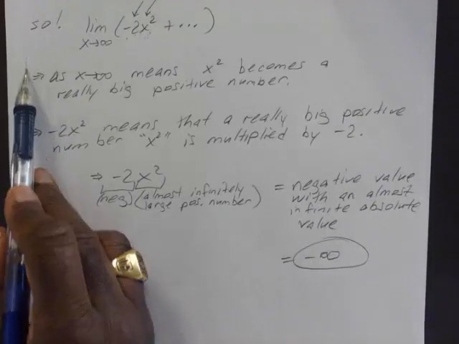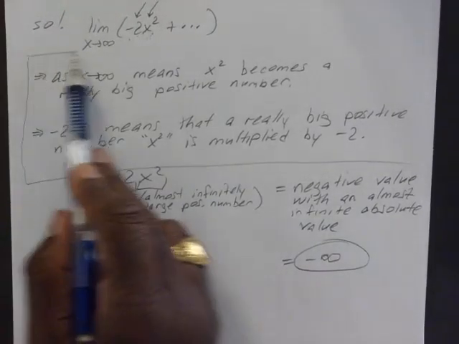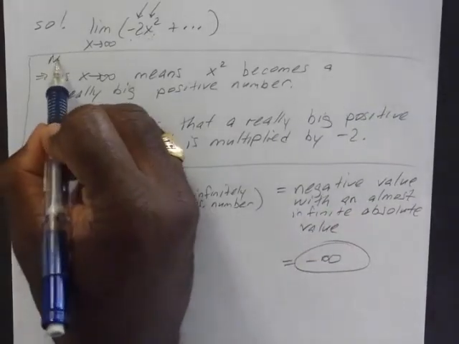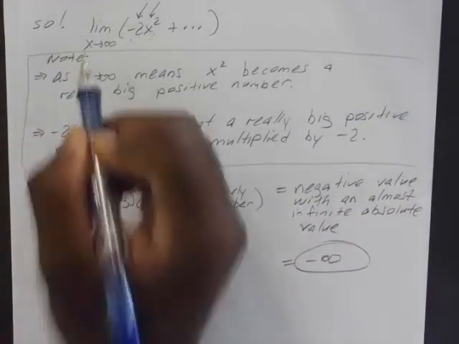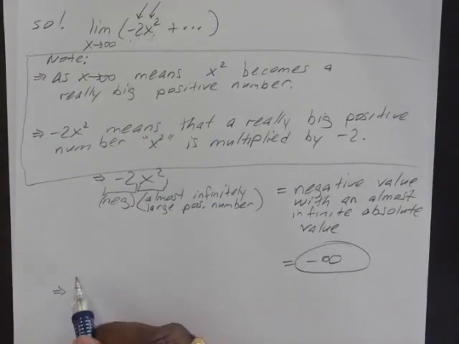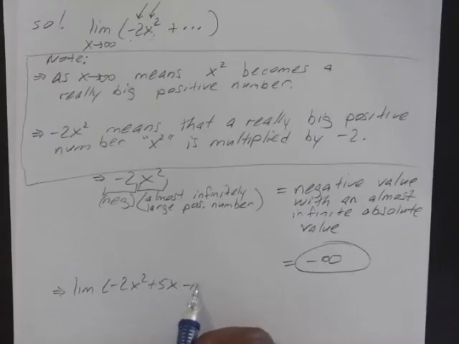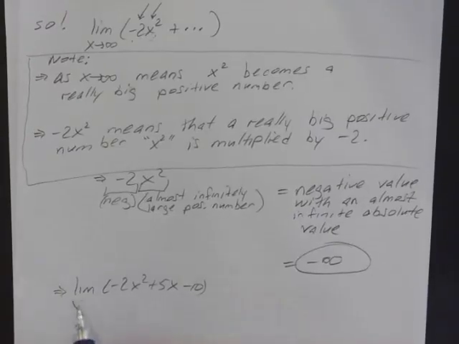So again, you don't have to write all of this. This is just the explanation portion of it. So that's more of a note. So we know that the limit of negative 2x squared plus 5x minus 10 as x approaches infinity is equal to negative infinity.